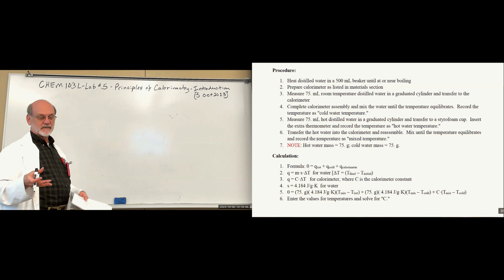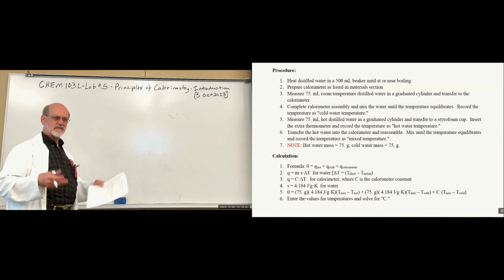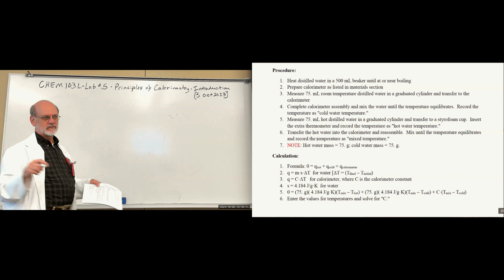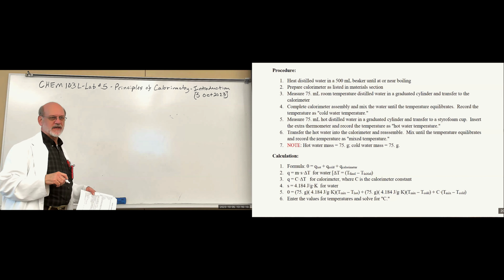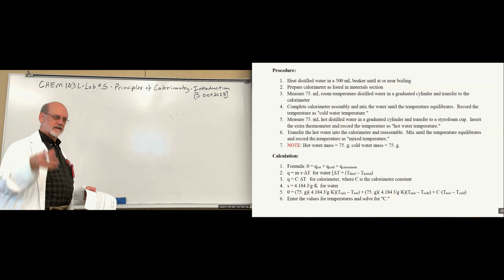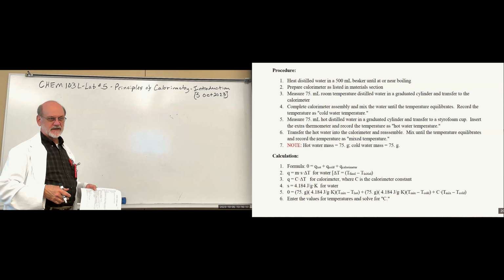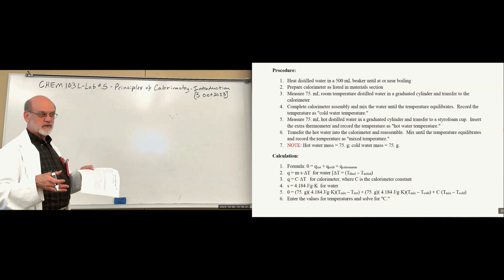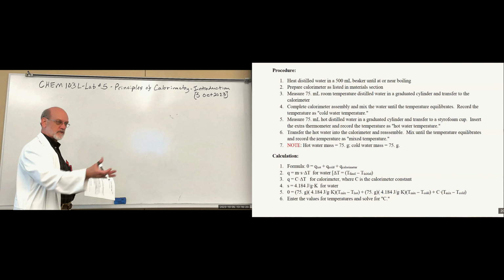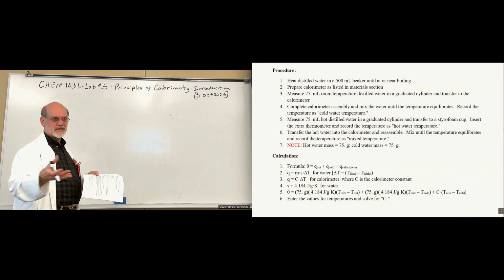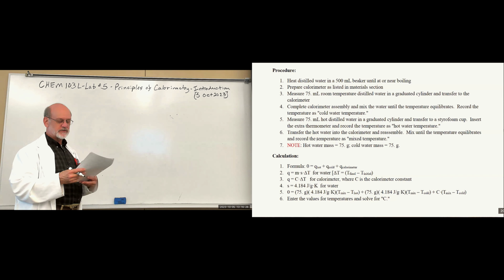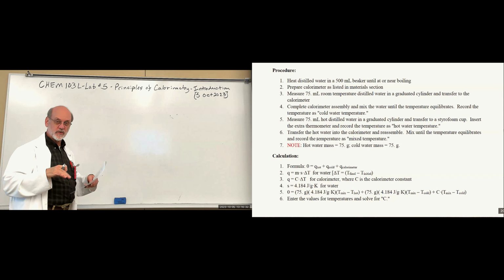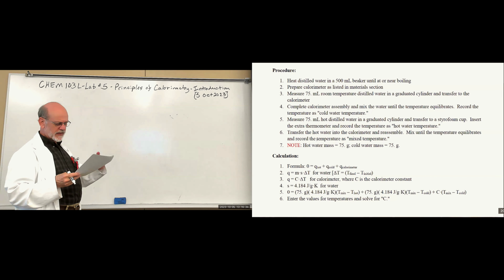We're going to boil the water, but by the time we start to put them together, the temperature is going to drop from, I don't know, 98 or 97 at this altitude down to probably in the neighborhood of 60. But that's good because the room temperature water is going to be around 22 or 3, and then the hot water is going to be 60 or 70. So that's a good temperature differential to get a reasonable estimate of the calorimeter constant.